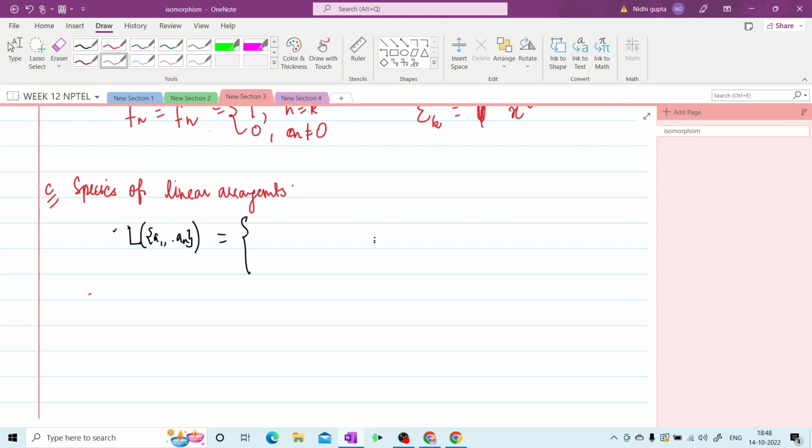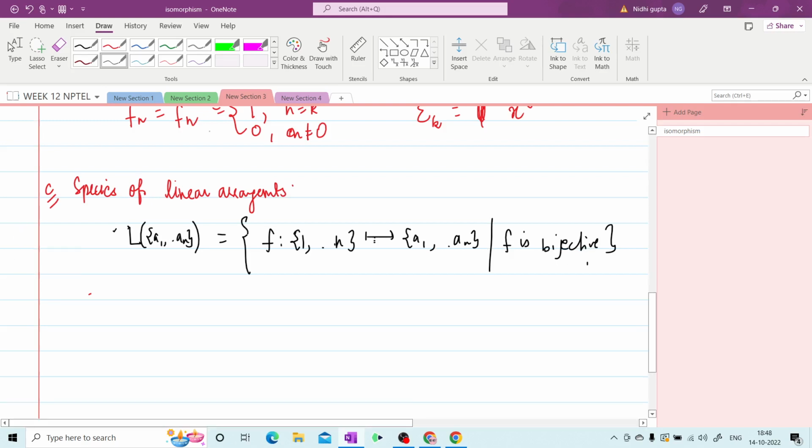So it is a set of functions f from 1 to n, because we are basically seating a1 to an, f is bijective. So now we have to look at the transport functions.